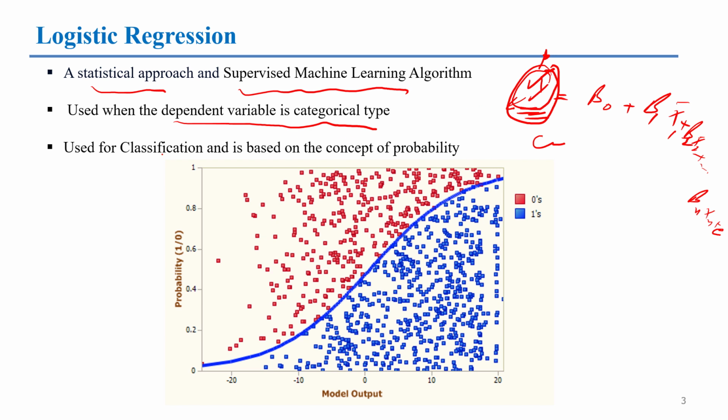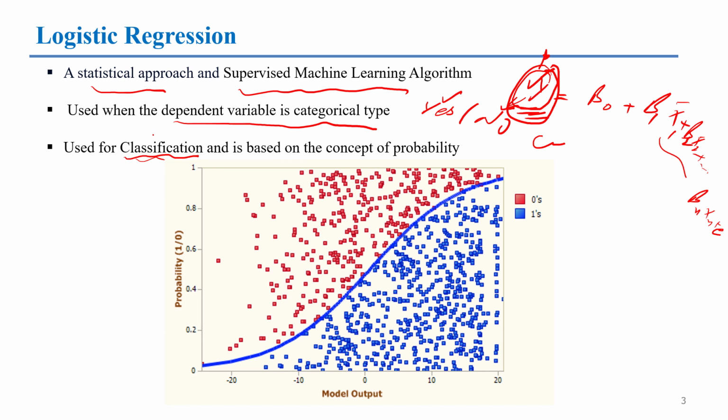So the main thing is we can use logistic regression to classify. As I am telling you regarding binary logistic regression, our dependent variable may have two options, either yes or no. So we can classify whether a particular data point is part of the yes group or the no group.